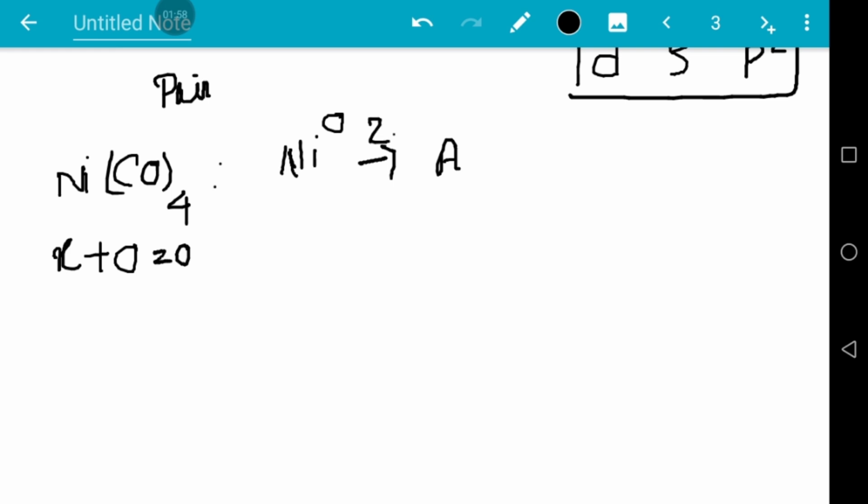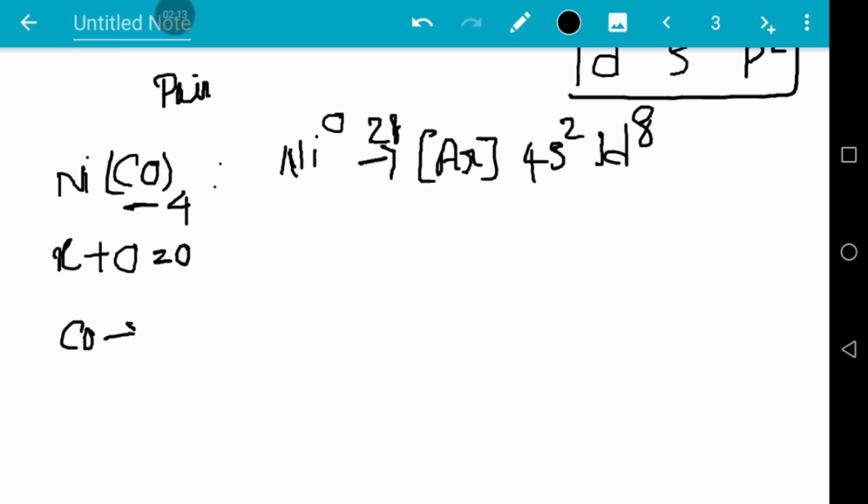Nickel atomic number is 28, so argon 4s2 3d8. This is the configuration. Here carbonyl is a strong field ligand. CO is also a carbonyl ligand, a strong field ligand. So here pairing will take place. From the 4s orbital, 2 electrons are shifted to the 3d orbital.